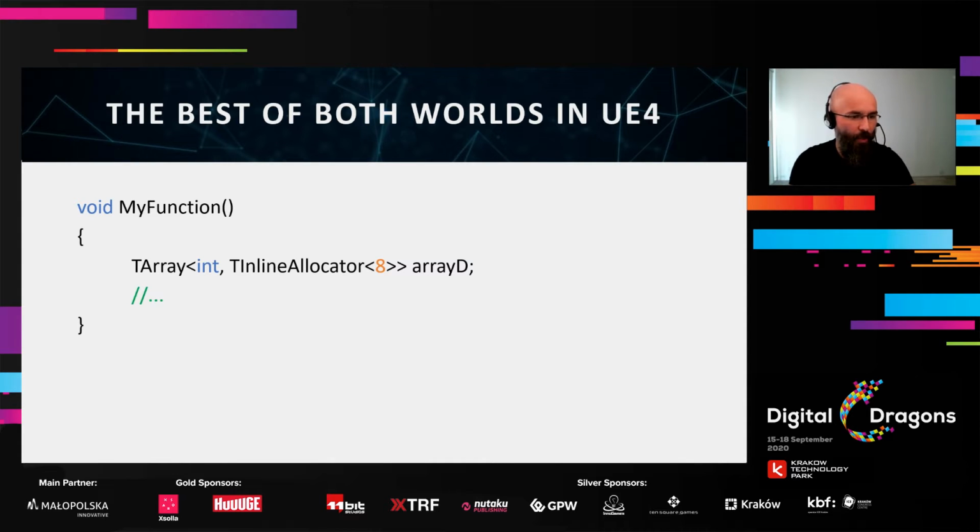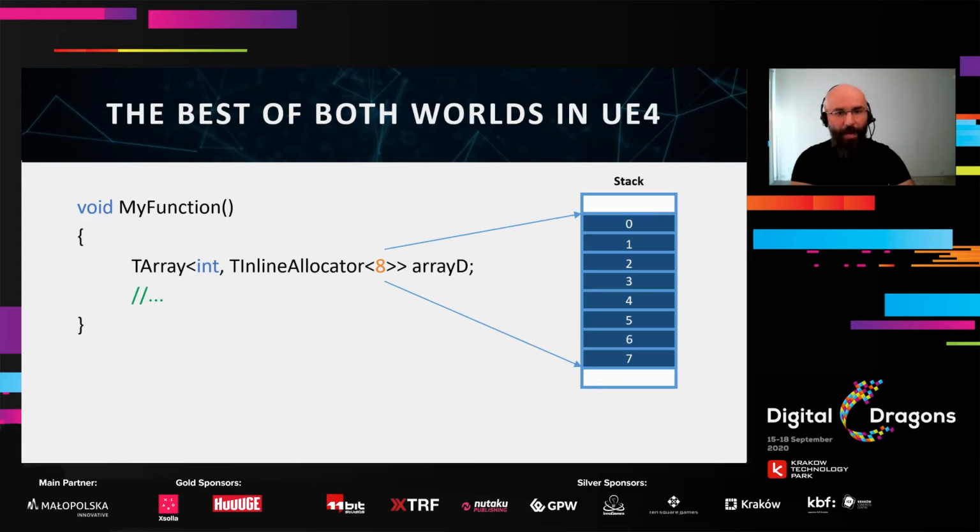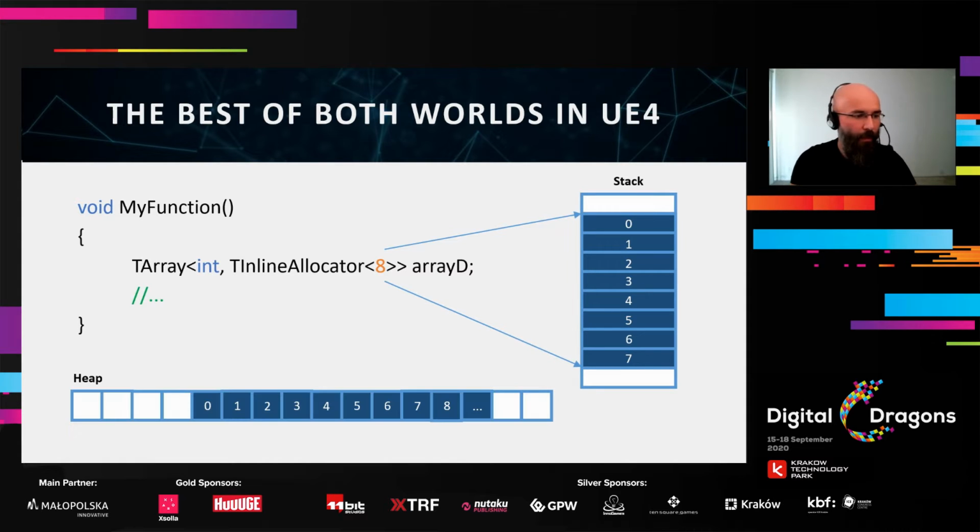So what we do here is specify for array D an additional inline allocator with parameter 8. What does it mean? It means that the first 8 elements of this array will be allocated on the stack, so we have very fast access to these elements, and this memory is allocated in a very fast way because it's just on the stack.